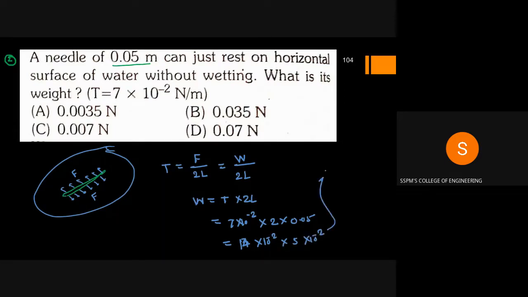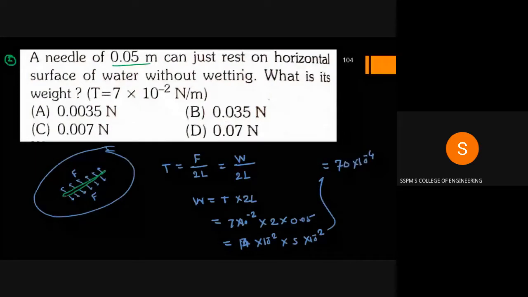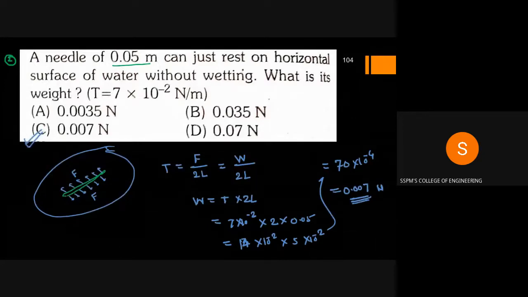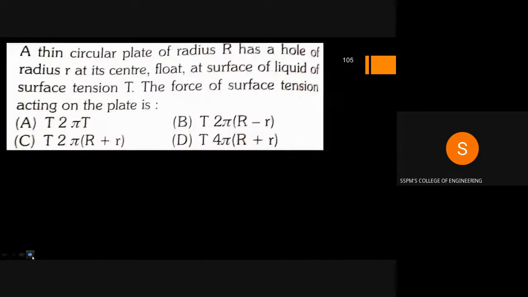Okay. So this is 70 into 10 to the power minus 4. So this is equal to 0.007 Newton. Okay. So the correct option is option C. So for this problem, you should know this formula. Okay, refer the next problem.